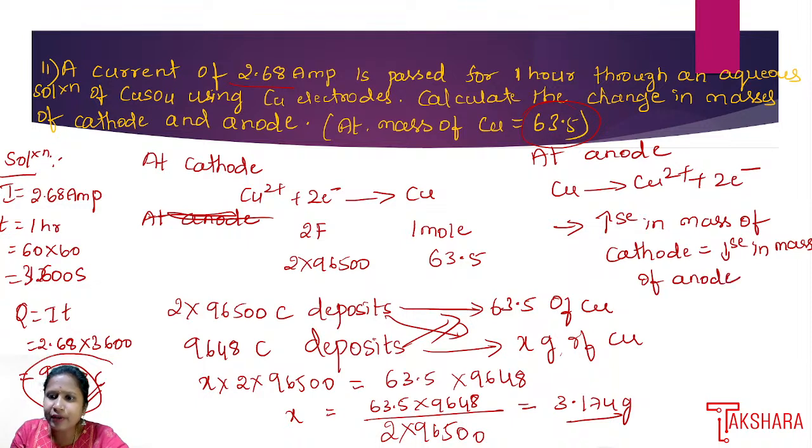That is equal to 3.174 grams. See, 3.174 grams of copper is going to deposit on the cathode, we can say. So this is the answer for this.